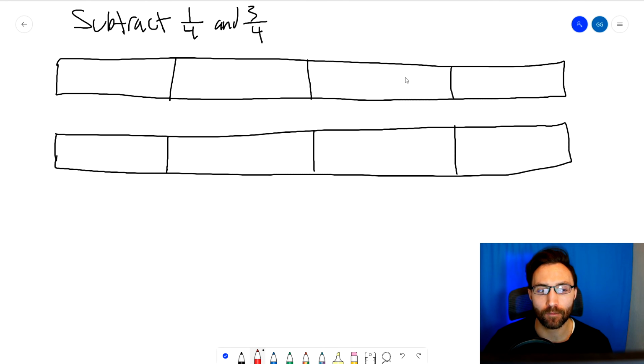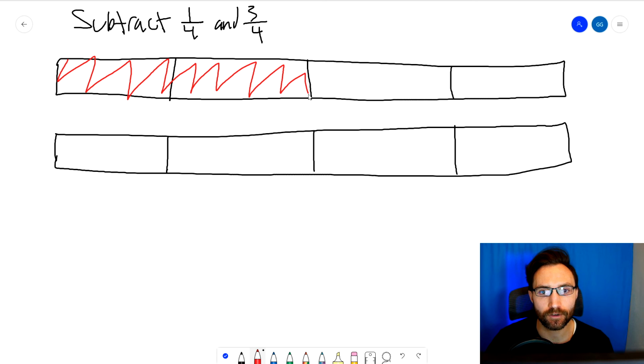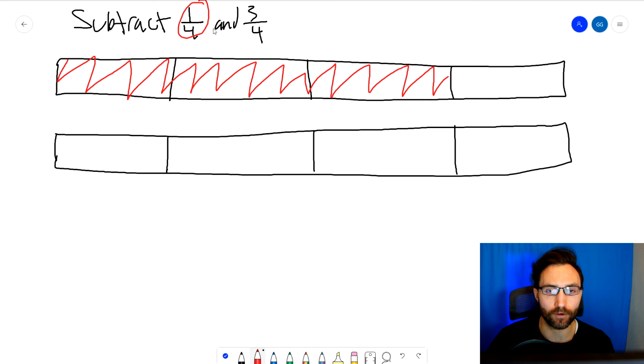All right, so our next problem is to subtract 1/4 from 3/4. So we have our bar models right here, our graphs, and let's mark out 3/4. There's 1/4, 2/4, and 3/4. And we want to take away 1/4 from this. So what is 1/4 taken away from 3/4?